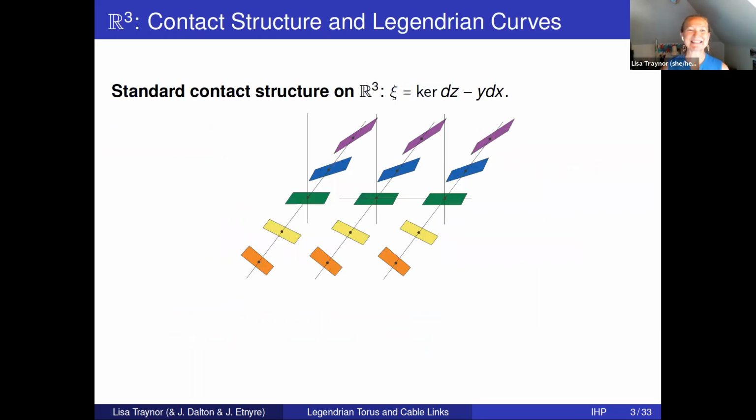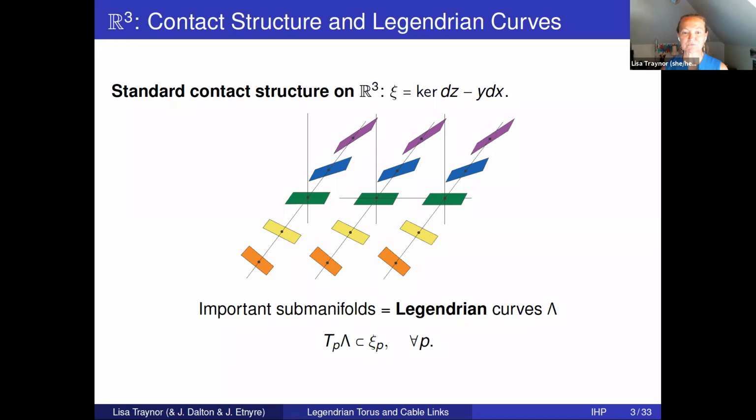I'm working with the standard contact structure and Legendrian curves. There are lots of much more beautiful pictures of this. Our Legendrian curves are always tangent to this distribution. I really loved Alvaro Del Pino Gomez's talk, and his video of that, I was very jealous of it.